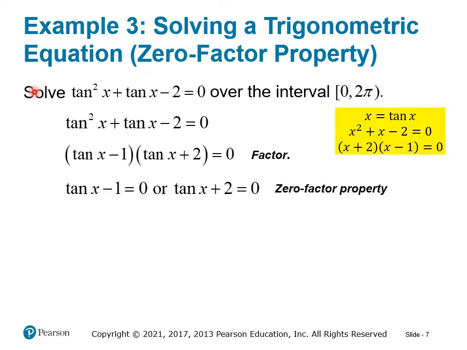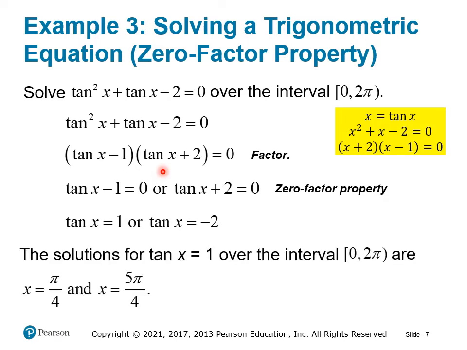So using the zero factor property, we can set each of these factors equal to 0 and solve. Tangent x equals 1 or tangent x equals -2. If we look at the first one, tangent x equals 1, this happens in quadrant 1 and in quadrant 3, and we get the values of pi over 4 and 5 pi over 4, which is of course equivalent to 45 degrees.